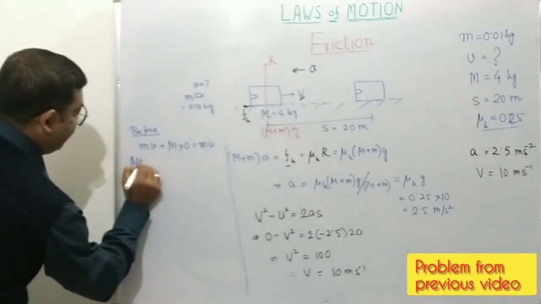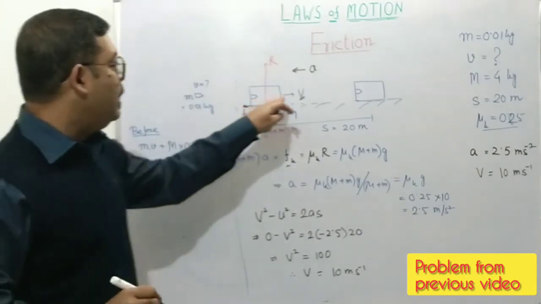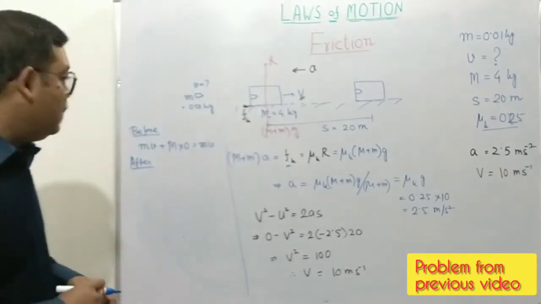After the bullet hit the block, what do we get?